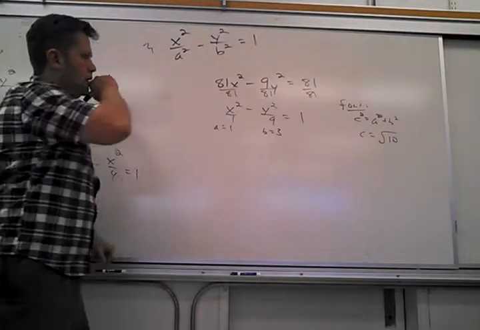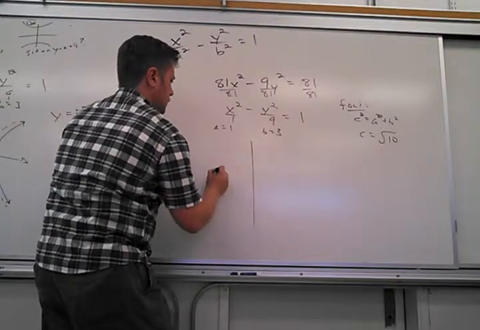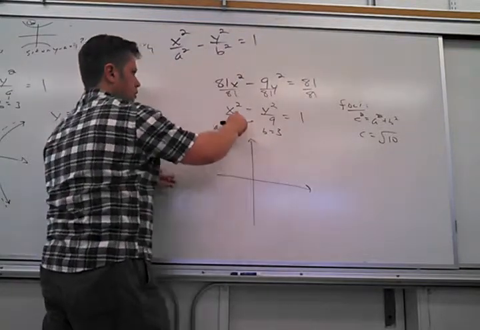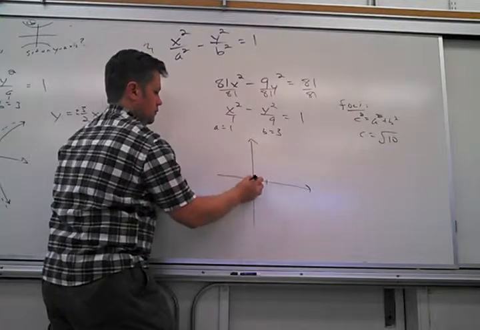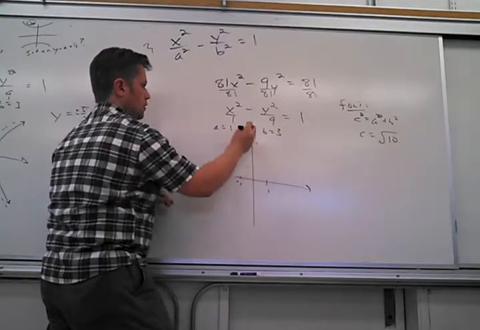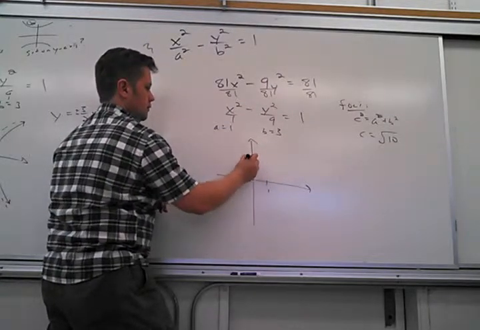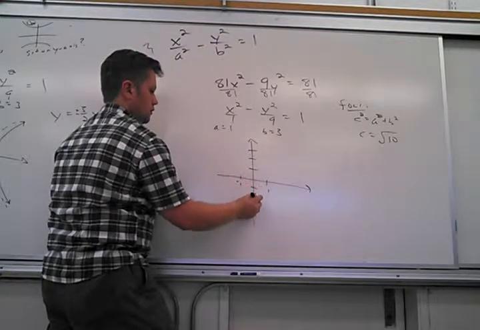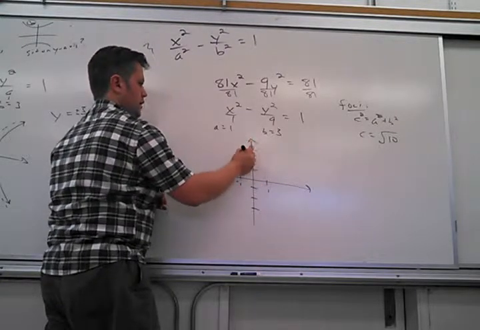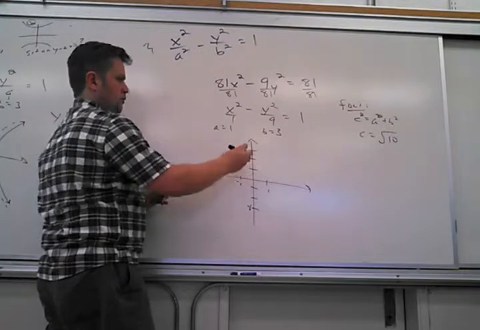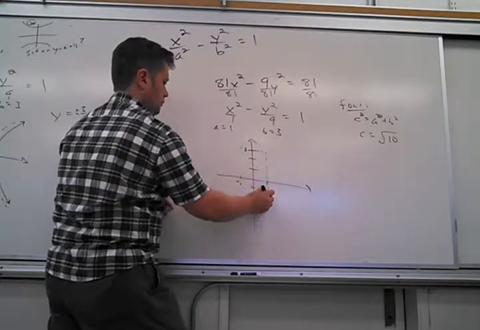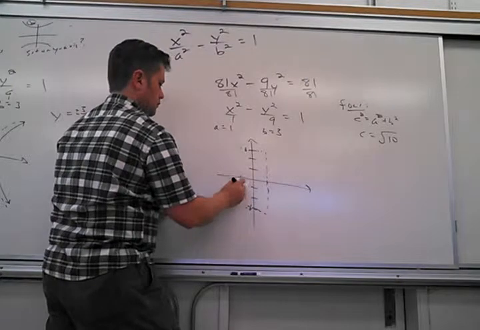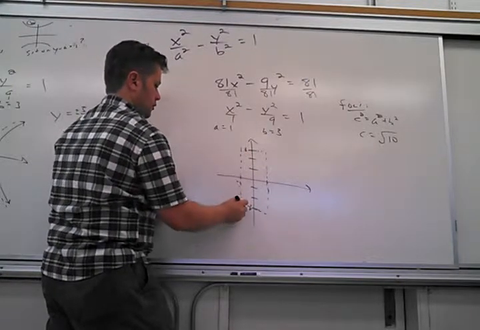Okay. And then when you go to graph this, along the x-axis you're going to go out 1, and along the y-axis, 3 down, 3. So again, I'm going to have this fat hyperbola. Then you can draw in your rectangle. Hopefully you do a better job than that.